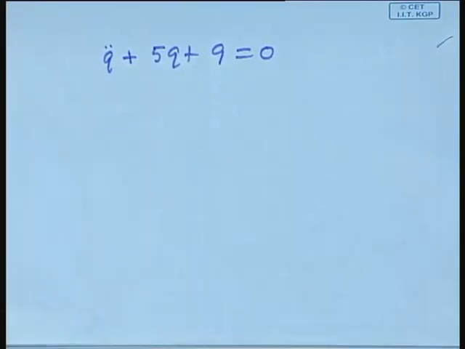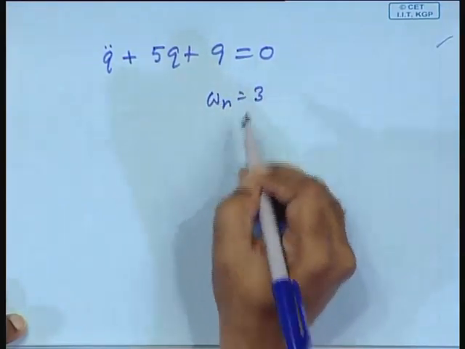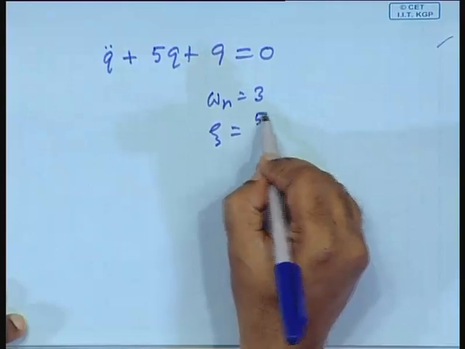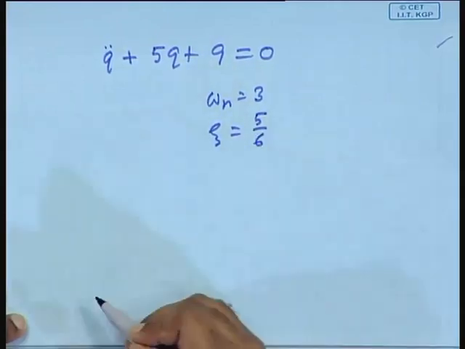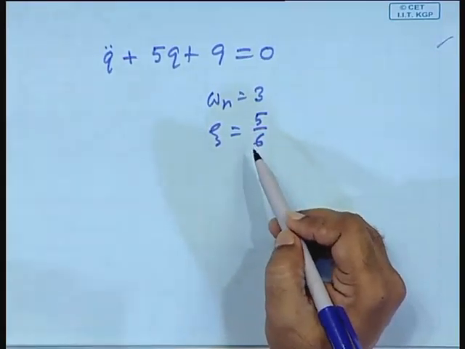What will be the behavior? Decaying sinusoid. How do you know? In this case your omega n is 3 and zeta is 5 by 6. So, this is less than 1 and therefore, it will be a decaying sinusoid.